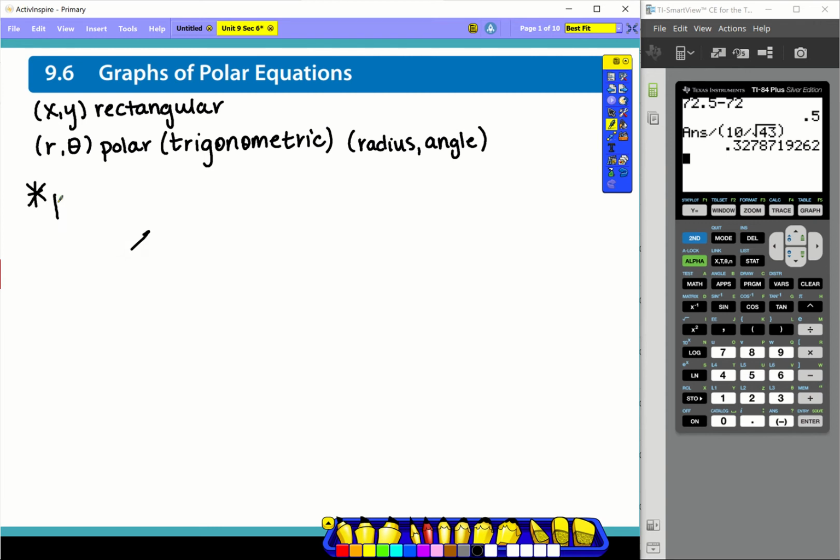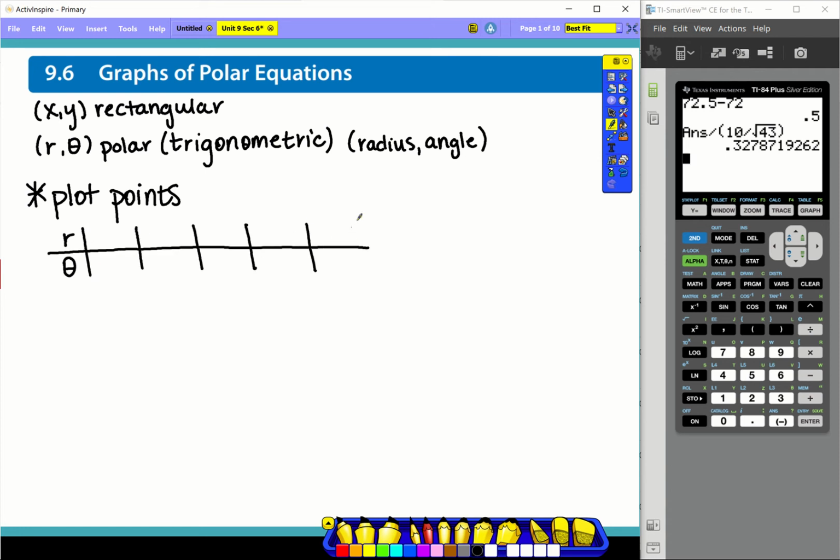Now, one way that you guys will easily do this is by plotting points. So what that means is you would make a table of your r and your theta. And you just fill them out.